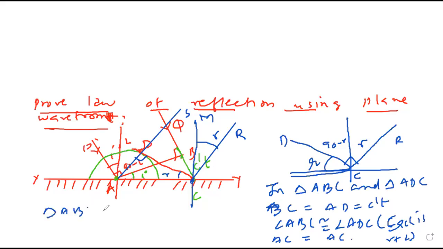So triangle ABC is congruent to triangle ADC. Therefore, angle BAC will be congruent to angle DCA. So I equals R. That means it proves the law of reflection.